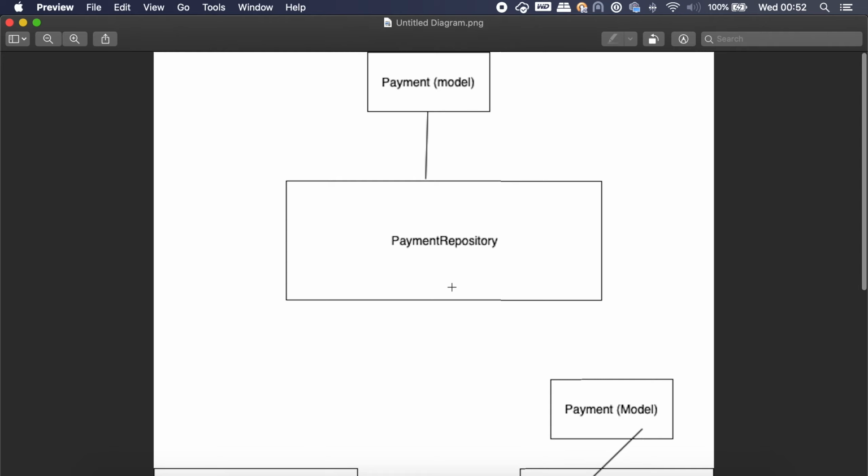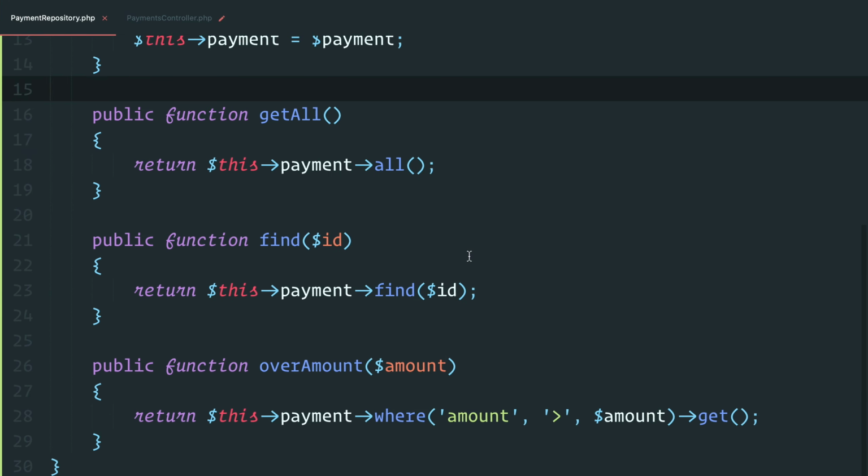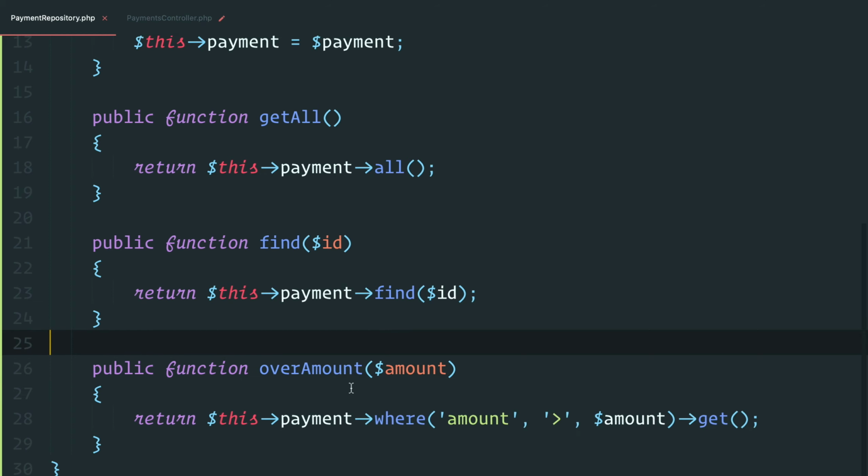So this is how it is often used. And I think this use of repositories doesn't make sense because you are just proxying calls. People say that sometimes they use this because they want to have some more specific methods like over amount or things like that, constraints. But this could easily be a query scope.